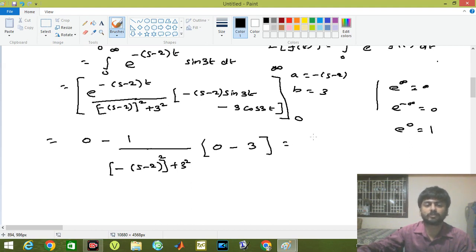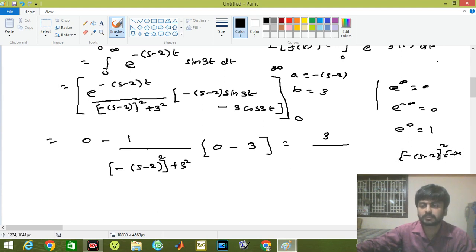Our final result is minus of minus will become plus 3 divided by, see, minus of something the whole square. If I take this minus of s minus 2 as x or minus x, what will happen when I square it along with minus? It will become minus x the whole square, that is equal to x square. So there is no need to maintain this minus.